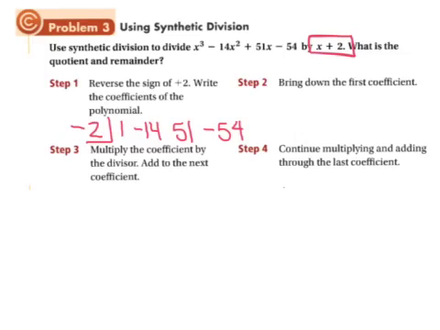And then the next step is always to bring down your first term. So this is kind of what it looks like. We have our top row of the divisor, and then all of the coefficients. And it says bring down your first term.